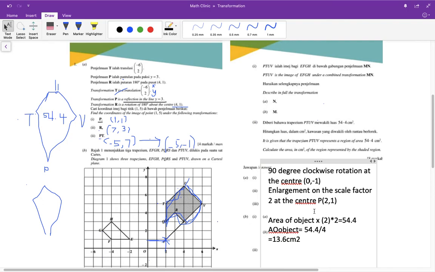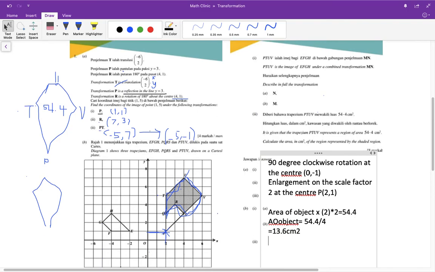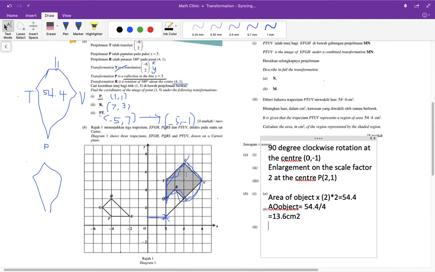Remember, cm square, okay? And then it wants to find the shaded region, just like I mentioned just now. You just use the image, and then subtract the area of object.